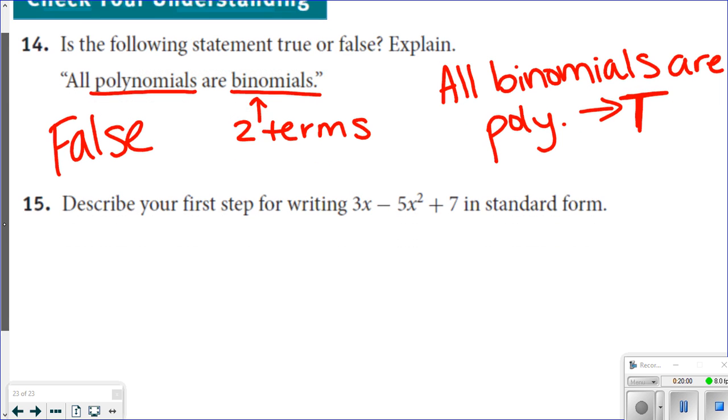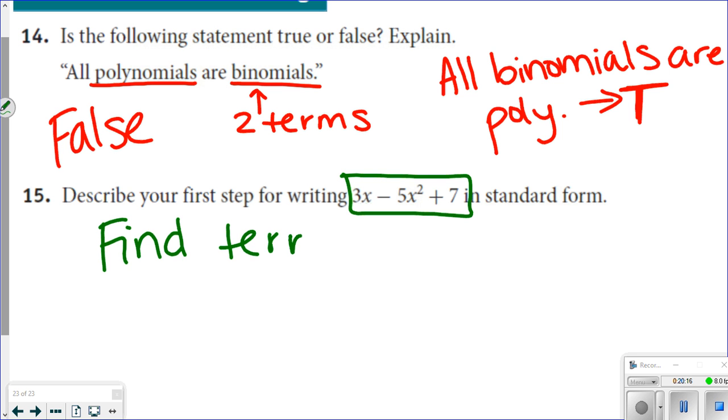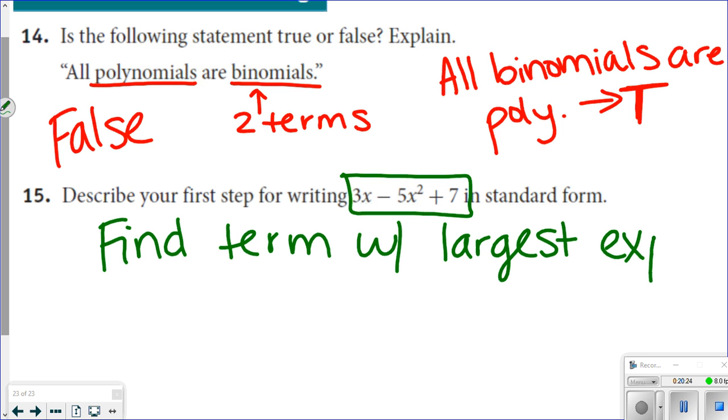Question 15, describe your first step for writing this polynomial in standard form. Remember, we are finding the term with the largest or the highest degree, and another word for degree is the exponent on the variable. So we would take this and move it out in front. That one would be negative 5x squared. That's the largest exponent, the highest degree.